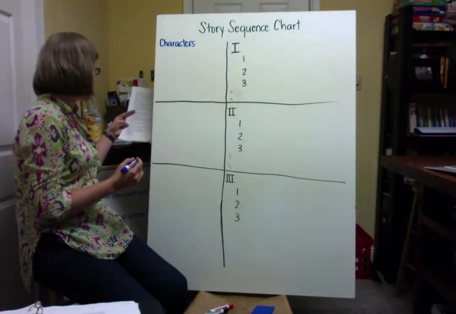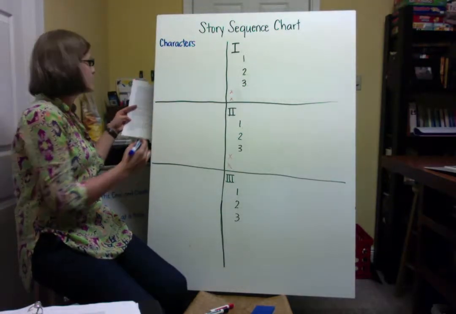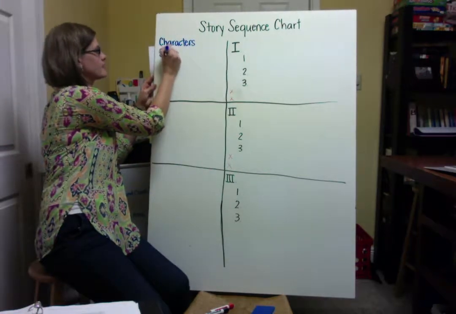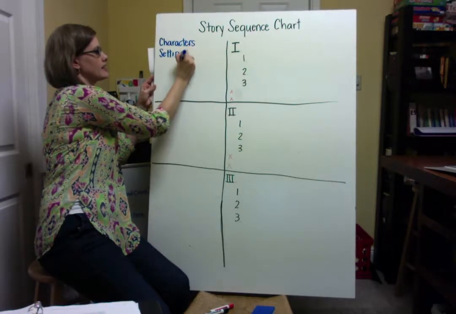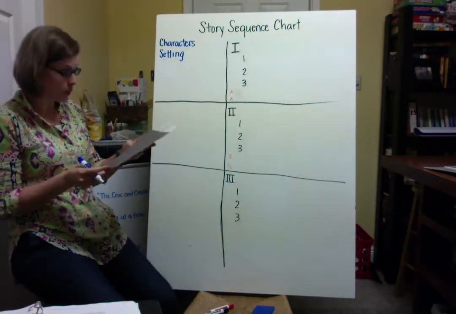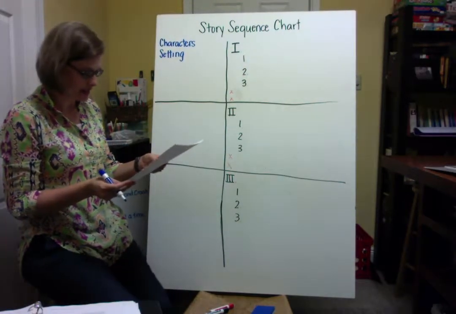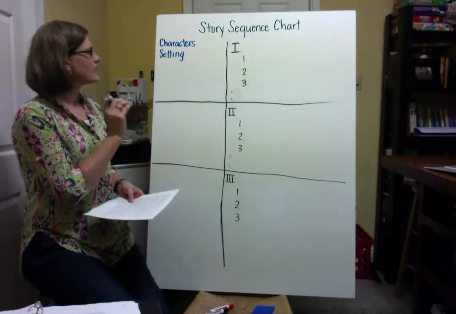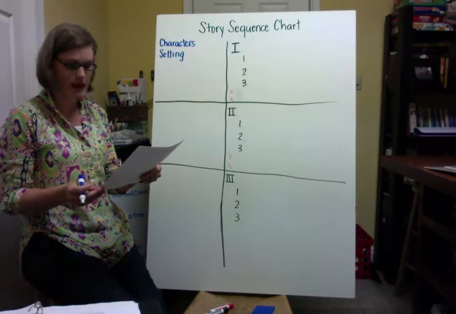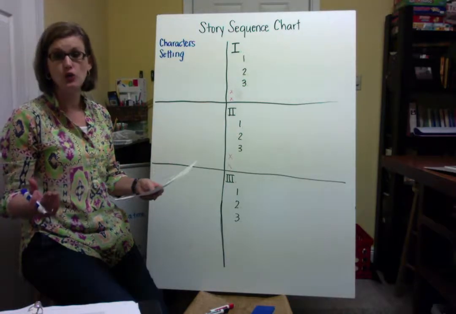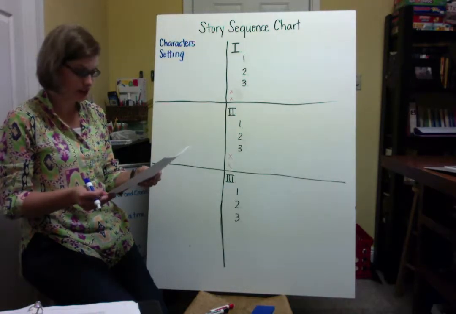We hear about the setting, where this story is happening, when this story is happening. So if you want to get the characters and the setting, you will need to ask yourself some questions. Who is in the story?